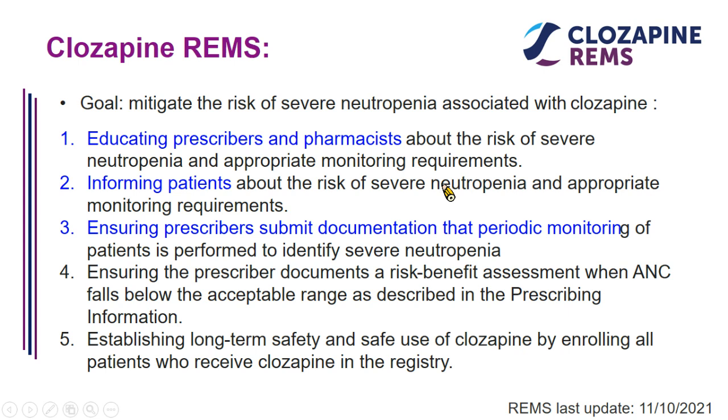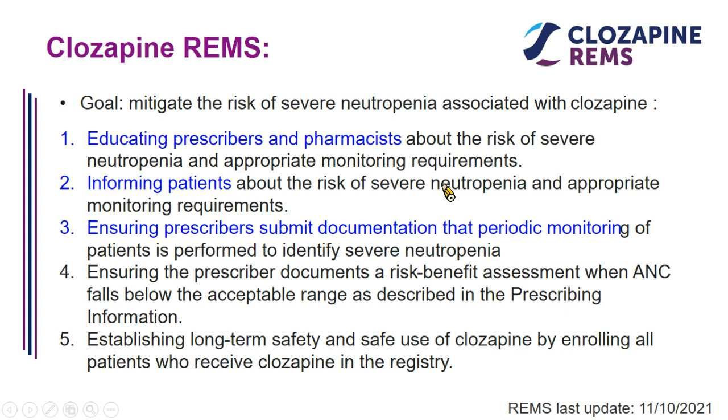It targets a very specific goal: to mitigate the risk of severe neutropenia associated with clozapine. First, to educate prescribers and pharmacists about this risk of severe neutropenia, and also the appropriate monitoring requirements. Second, to inform patients about the risk of severe neutropenia and appropriate monitoring requirements.